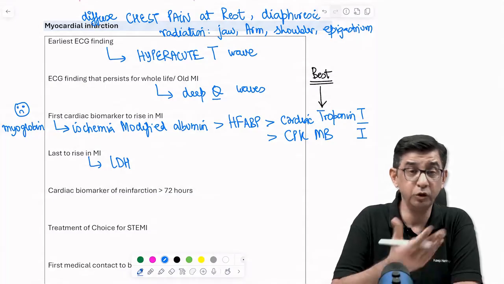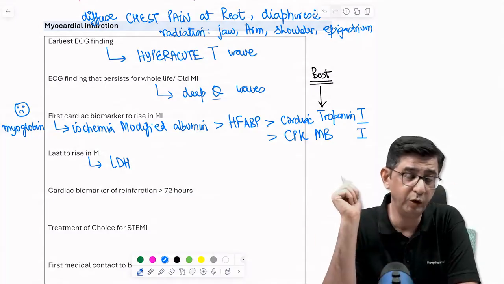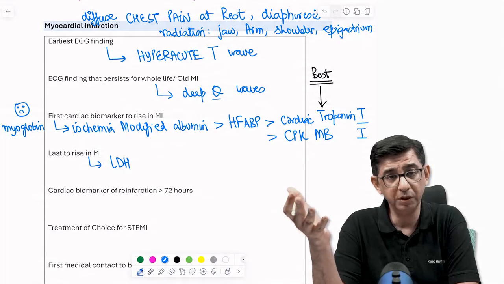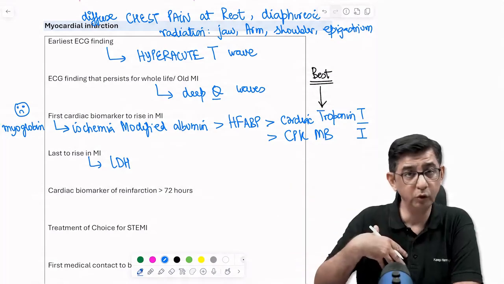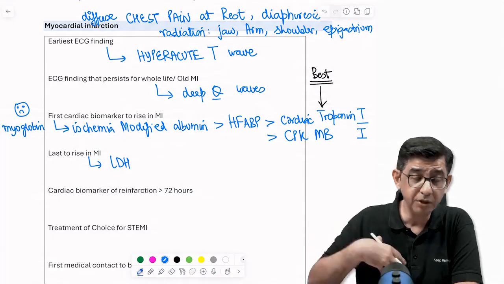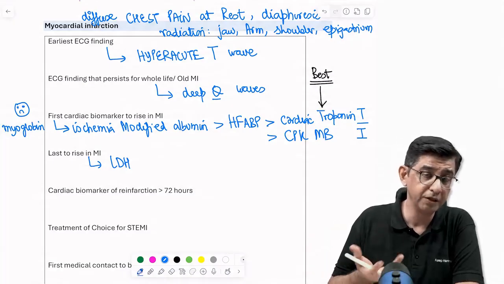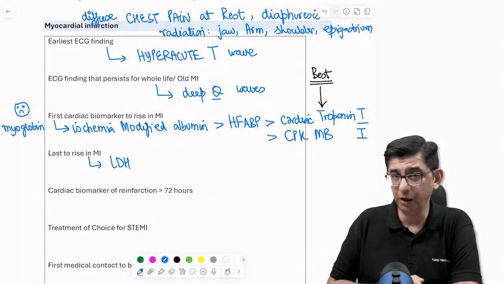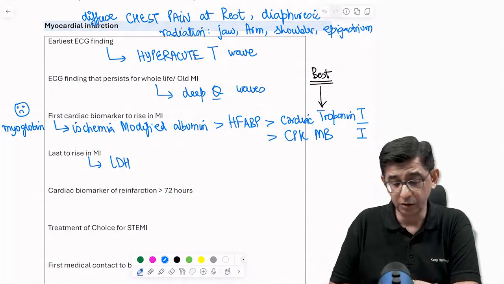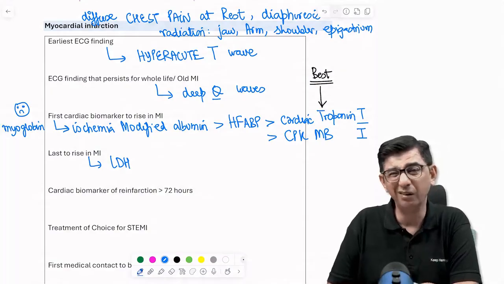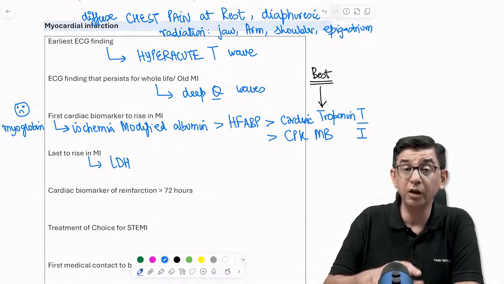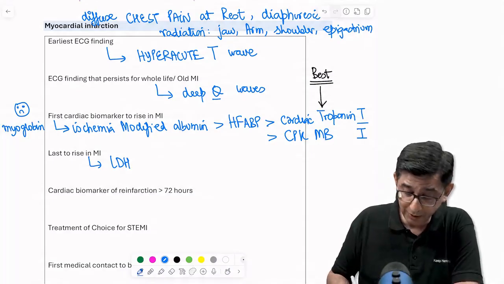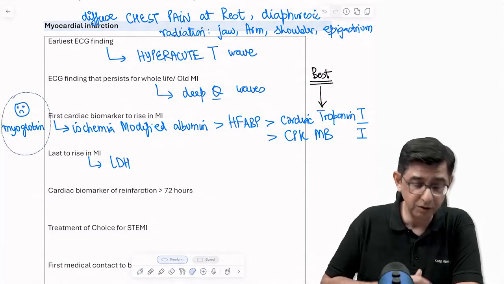So if I give a DC shock to the patient, like after MI somebody had an arrhythmia, then because the current will go through the skeletal muscle, it will damage the skeletal muscle and myoglobin will rise. So I will not be able to prove whether myoglobin came from the skeletal muscle or from the cardiac muscle. So myoglobin is a good answer, but not a very good answer, because it can have a skeletal muscle source also.